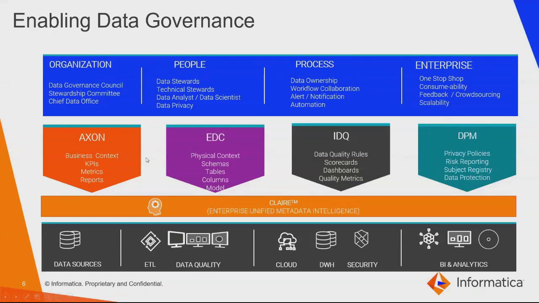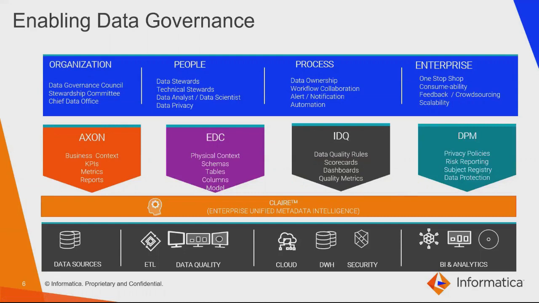From the product suite perspective, there are Axon, EDC, IDQ, and DPM. Axon plays the key role of business context, KPIs, metrics, and reports for business, whereas EDC provides the physical context of the data with schemas, tables, columns, etc. From the data quality perspective, the data quality rules or scorecards provide the state of the data quality, where it can be improved, or whether data quality metrics are already in place.